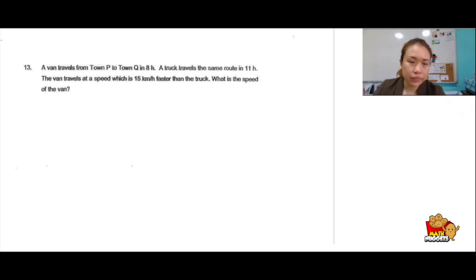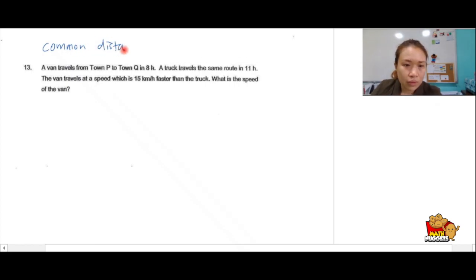Question 13. The van and the truck, they travel the same route. So this one will be common distance. This is a common distance question. So I can write that the van, this is the time. Time taken for the van is to the time taken for the truck is 8 is to 11.